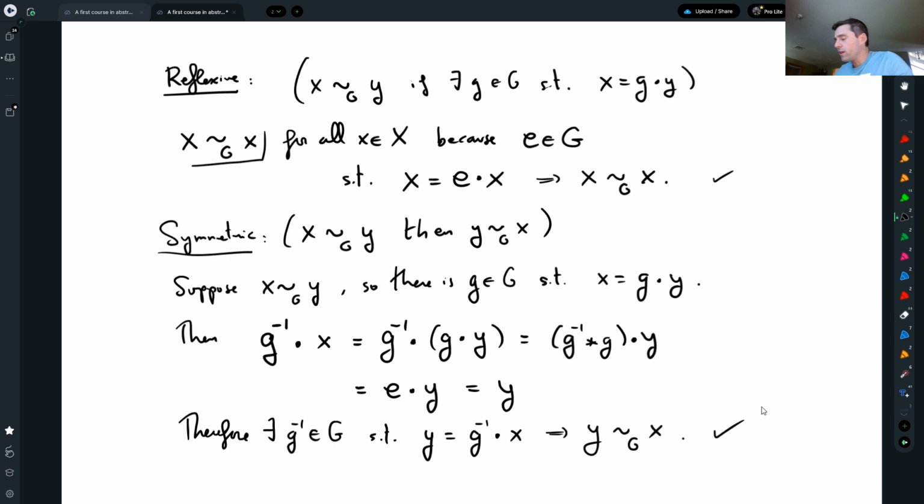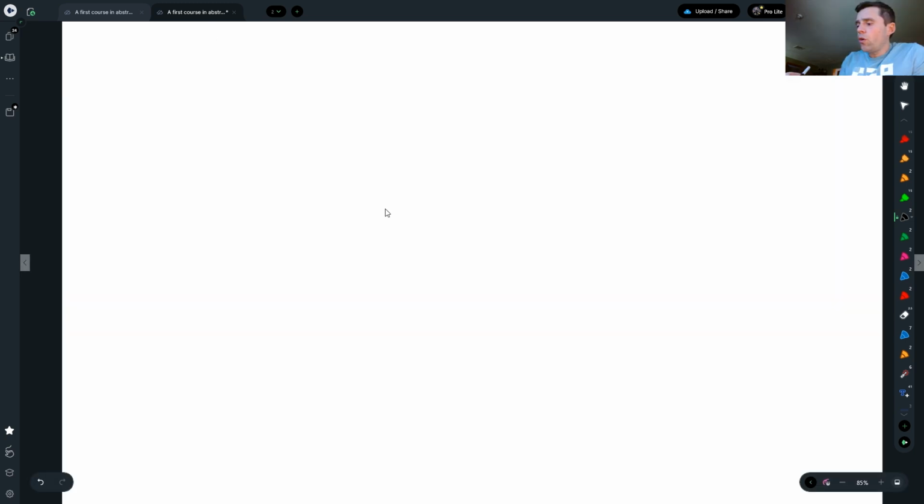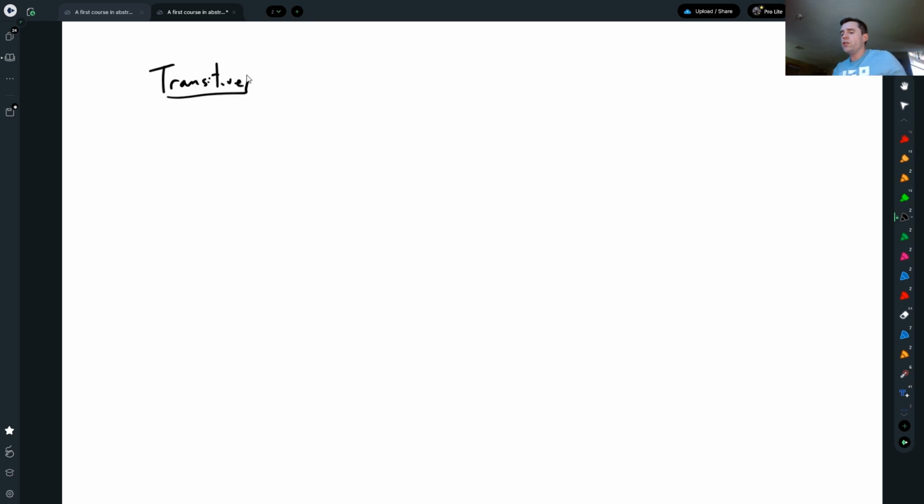So now let's prove that it's transitive. So it remains to prove that the G equivalence is a transitive relation. So now what I want to show is that if x is related to y and y is related to z, then x is G equivalent to z.